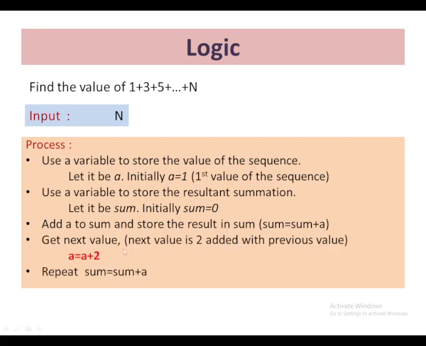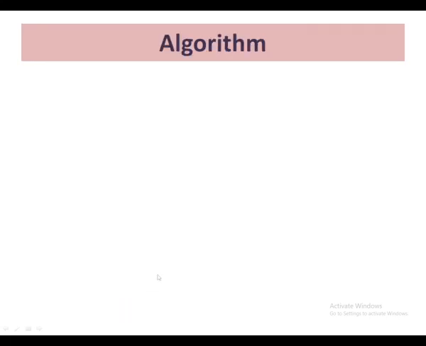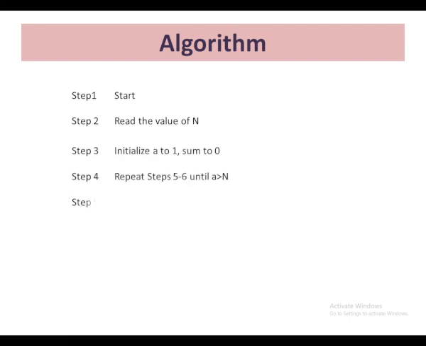The other process is the same, and when a exceeds n, you get the output stored in the sum. So the algorithm part, I have just mentioned the change you need to make. The other parts are the same. Here, instead of incrementing a by 1, you increment a by 2.